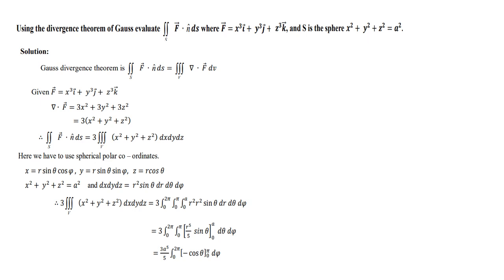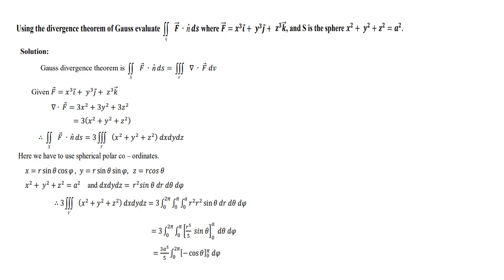By applying the values of x, y, and z in the form of r and theta, the limits are: for phi it is going to vary from 0 to 2 pi, for theta it is going to vary from 0 to pi, and for r it is going to vary from 0 to a.